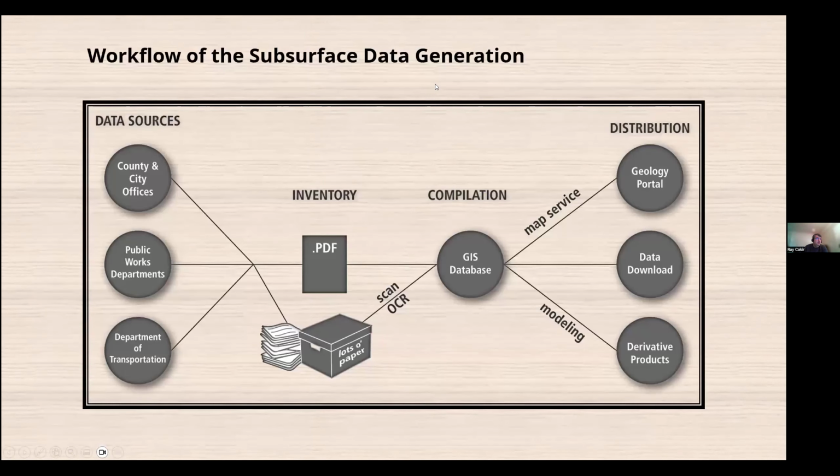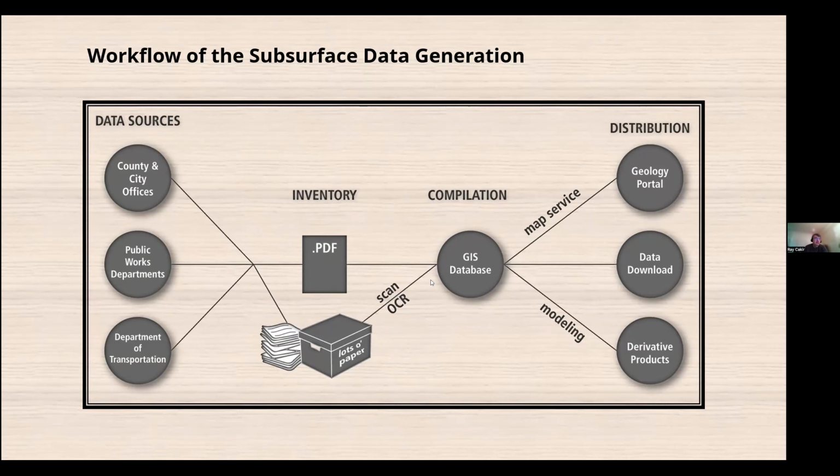So here's the workflow, how we do it. The data sources, as I said, are county and city offices, public works departments, and the Department of Transportation as examples. If they have PDFs, they come through our website and can upload immediately. If they are in paper form, we pick them up or they send them to us, and then we scan and convert them to text form because they are in image form.